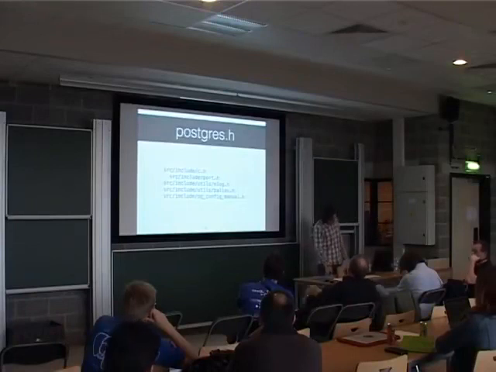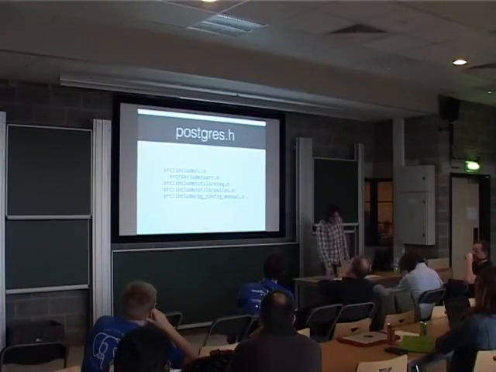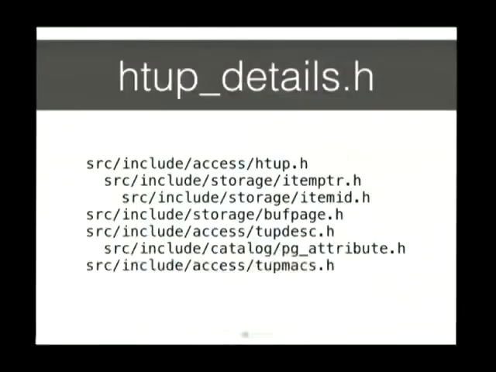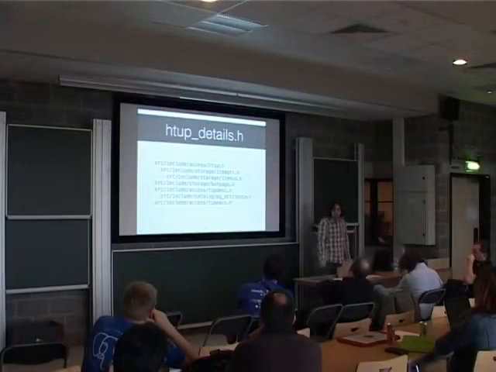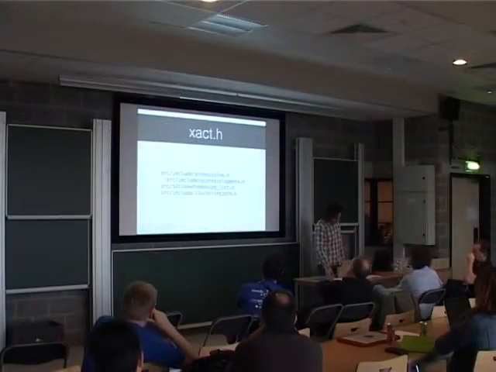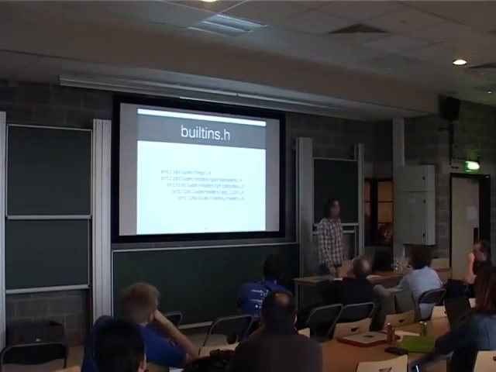Some five files get dragged in through the main Postgres file, through this htop details file. Each time I indent, it means another level of include. You can see this one's four levels deep, but becomes a hotspot because it was included in files that were hotspots up the chain.